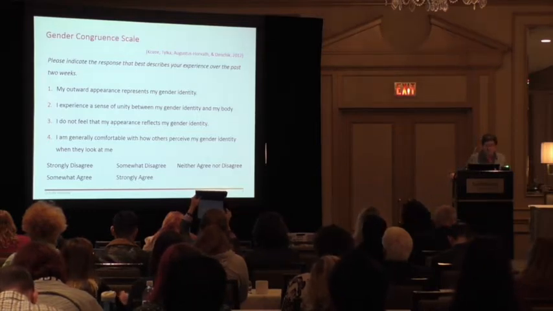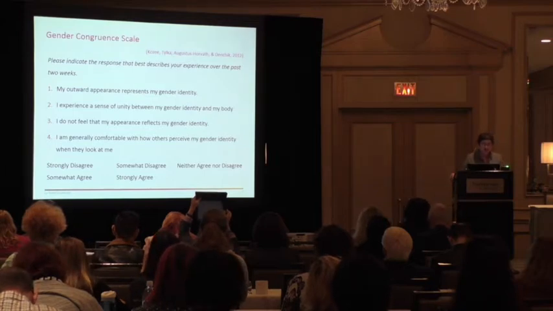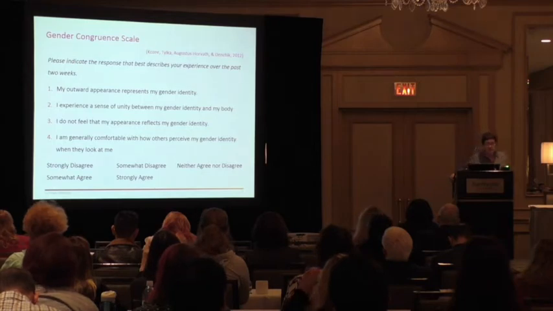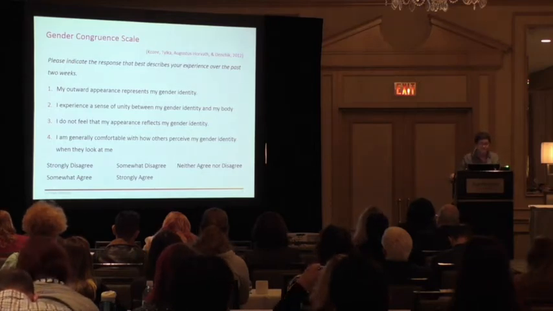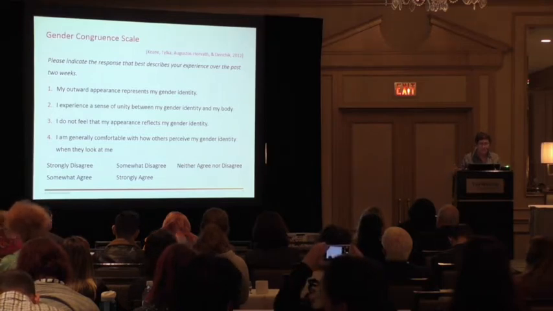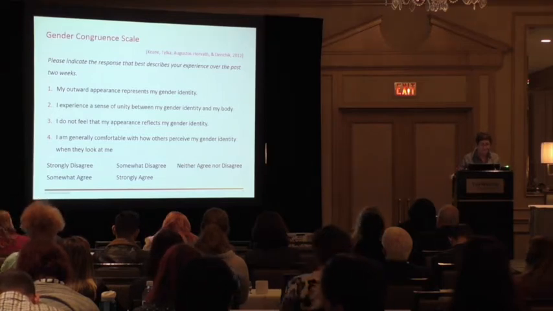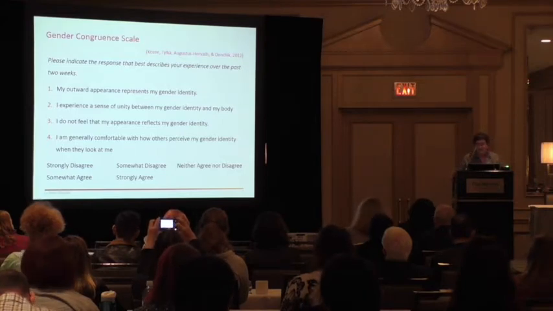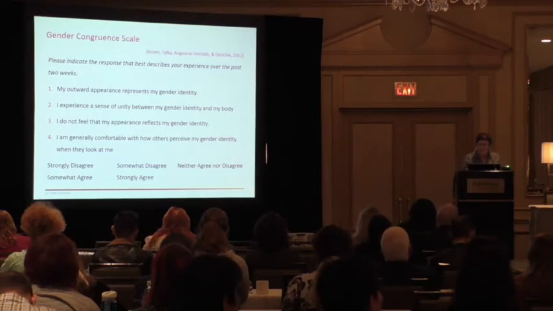Some examples of questions, and this isn't the full scale, include: my outward appearance represents my gender identity; I experience a sense of unity between my gender identity and my body; I do not feel that my appearance reflects my gender identity, and so on. I'd like to see a gender congruence scale that includes some questions about voice, and that could be another project.